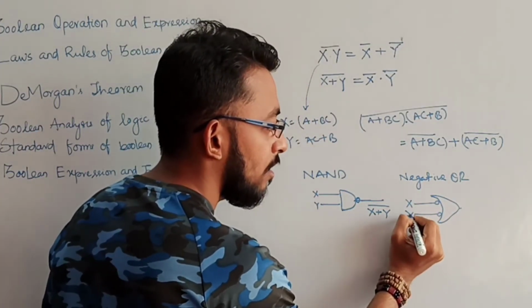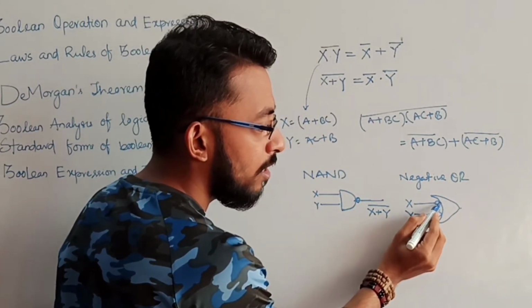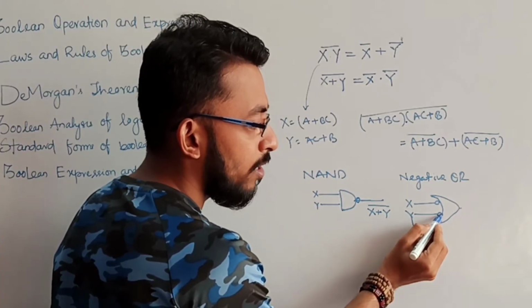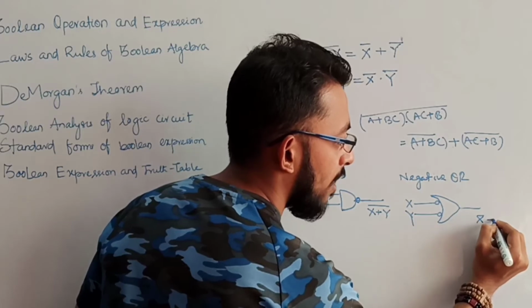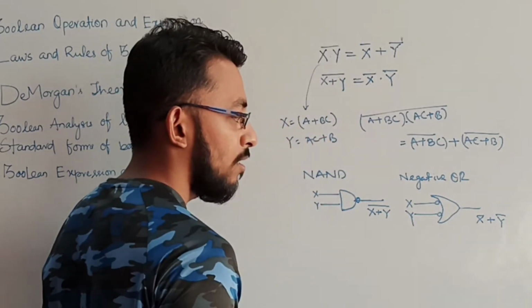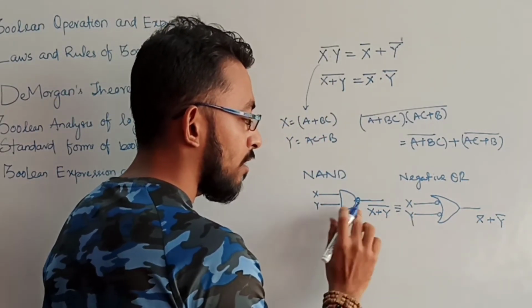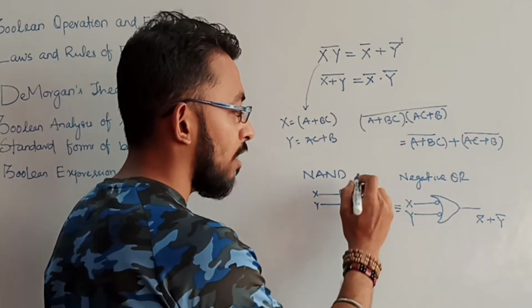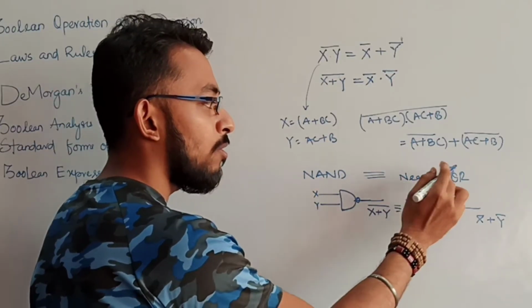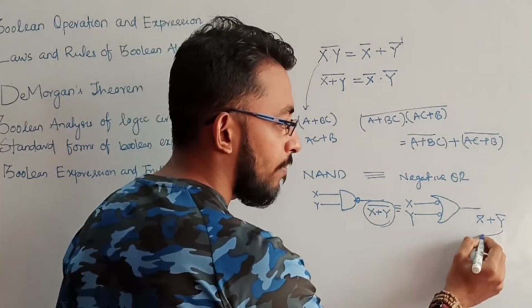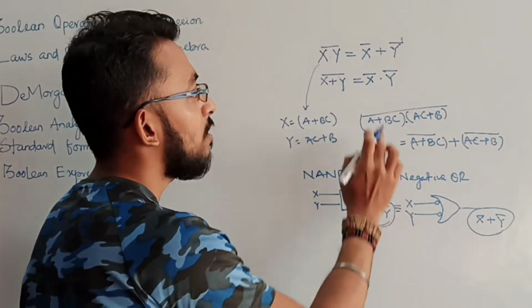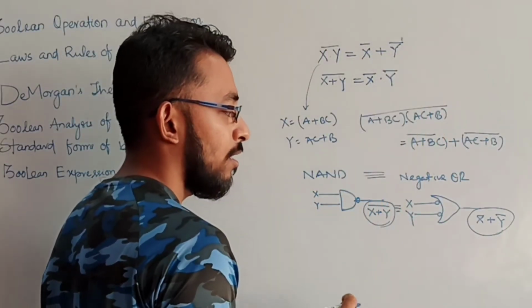This is x, this is y. The value over here is nothing but x bar, and over here is y bar, and they are ORed. It means x bar plus y bar. As I told you before, this representation and that representation are both the same. This NAND is also equal to negative OR. So here you can see x plus y bar can be represented as x bar plus y bar, which is the same as theorem 1 of De Morgan.